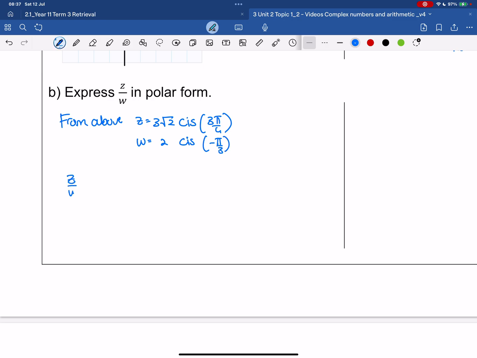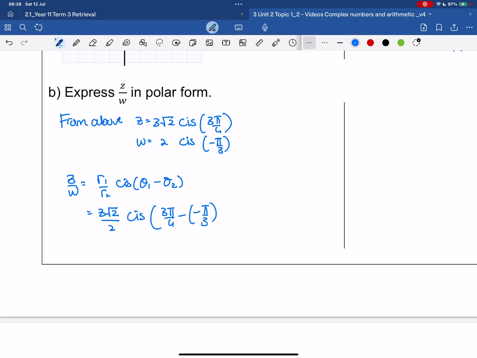So Z over W is just going to be r1 over r2 cis of theta 1 minus theta 2, and that gives me 3 root 2 over 2 cis of 3 pi on 4 minus negative pi on 3.